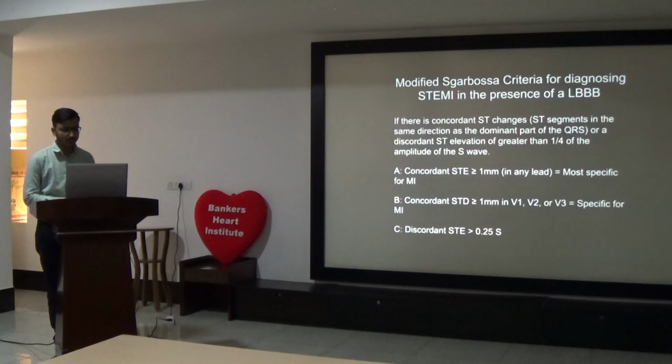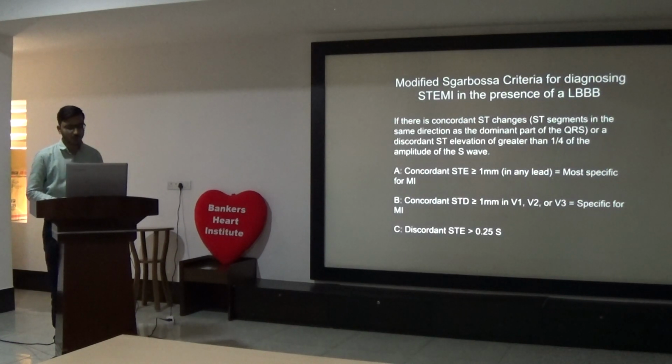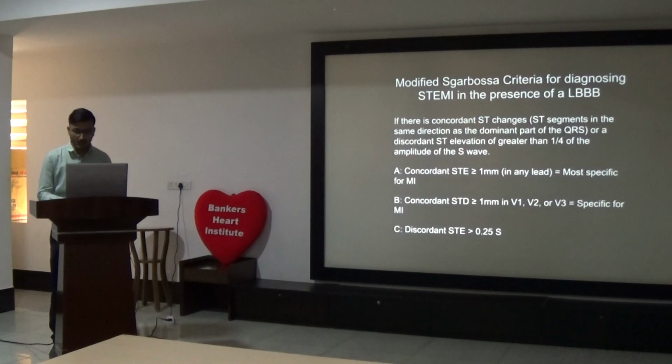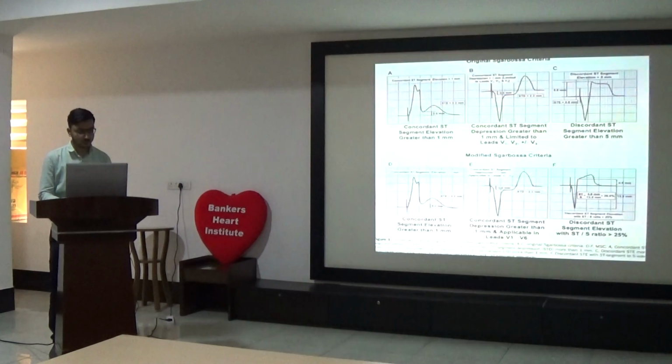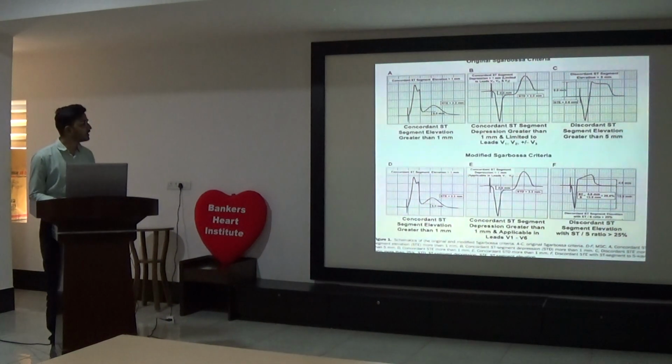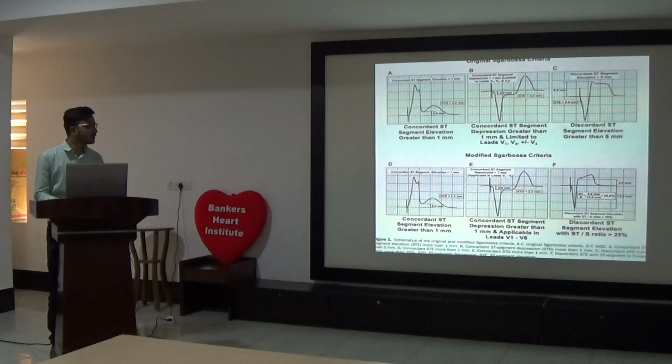Second one is concordant ST segment depression of more than or equal to 1 mm in lead V1, V2 or V3. And third one is the discordant ST segment elevation, which will be more than 1/4 of the amplitude of S wave. So this is the original Sgarbossa criteria, and the second one is the modified Sgarbossa criteria. So discordant ST segment elevation with the ST by S ratio is extra in the modified Sgarbossa criteria.